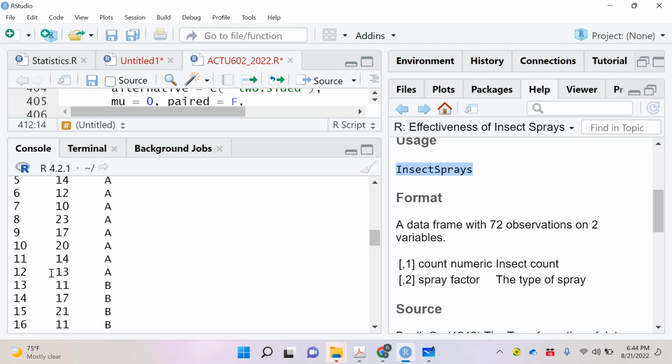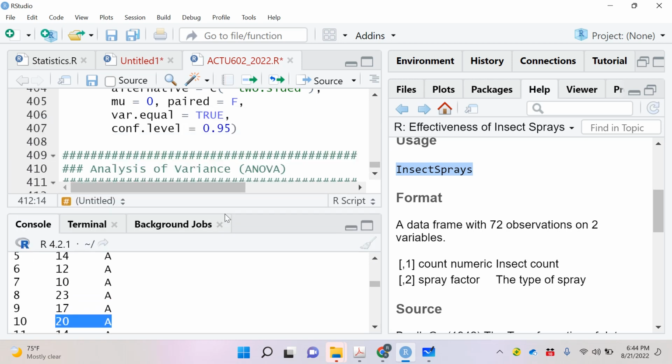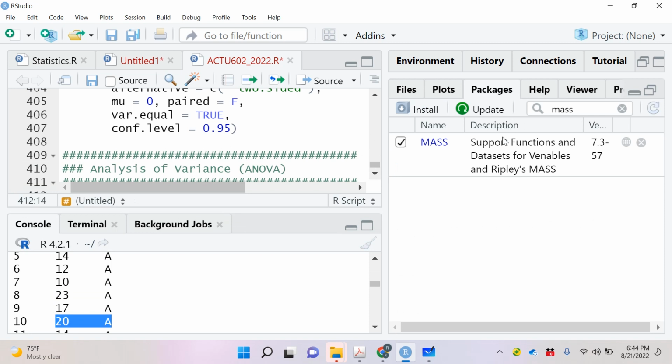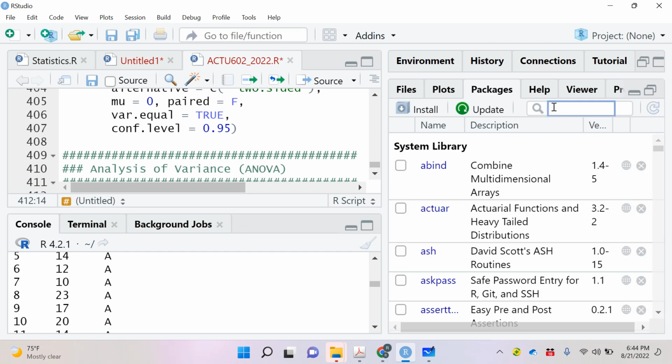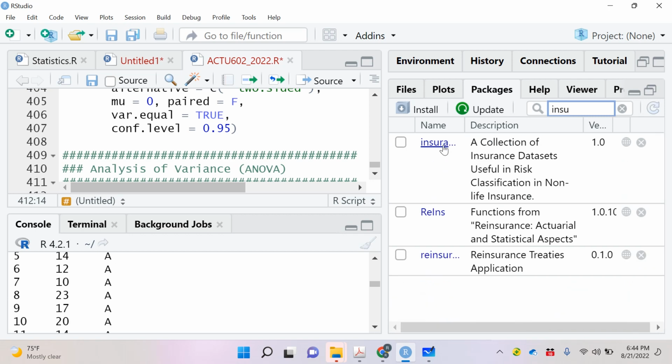In the first observation, 13 insects were killed, the next one was 14. So you want a box plot that will show A, B, C, D up to F. How are you going to do that?